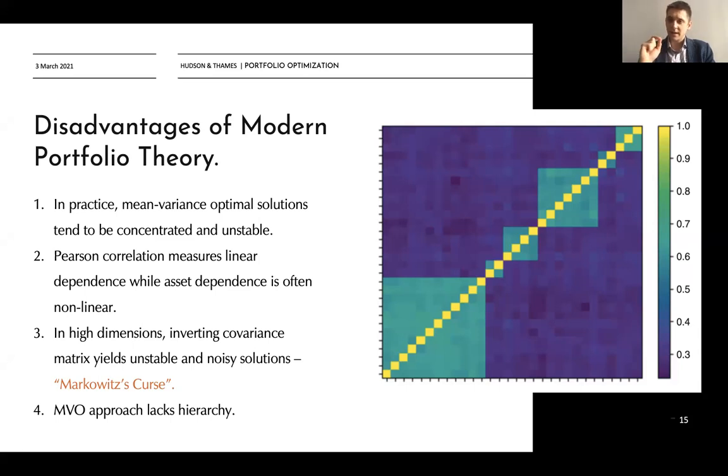Despite the fact that the original design of mean variance optimization and modern portfolio theory aims to produce diversified portfolios, because by design, the creators of this theory say that diversification is one of the best ways to mitigate risk, in practice these portfolios are quite concentrated, and as a result, they are unstable.